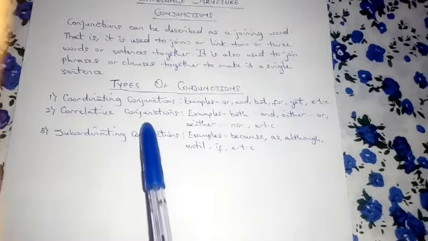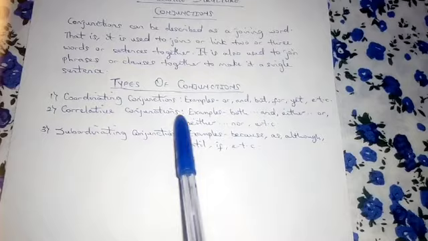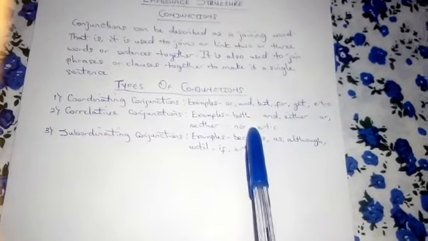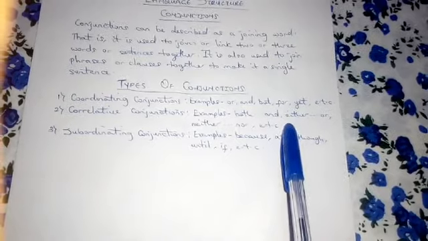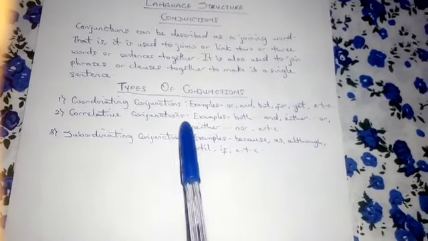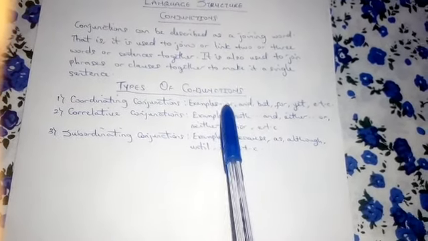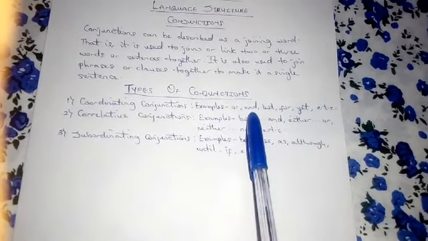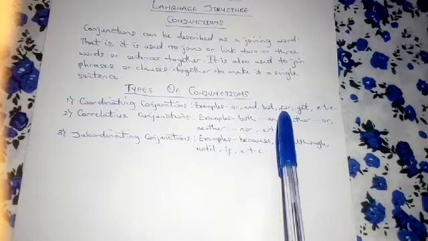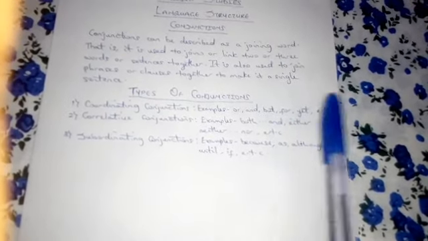That is, I'm giving an example for correlative conjunctions. Both Ade and Tola will be at the party. But for coordinating conjunctions, it is a single conjunction: or, and, but, for, yet, and so on.